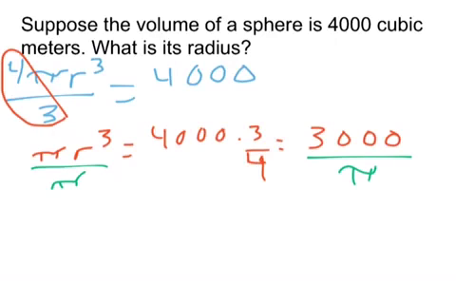And again, pulling out my handy dandy calculator, when I take 3,000 divided by pi, it is approximately 954.9. Okay, so that means that my r cubed equals 954.9.